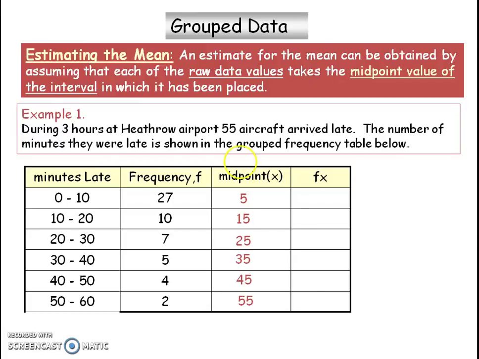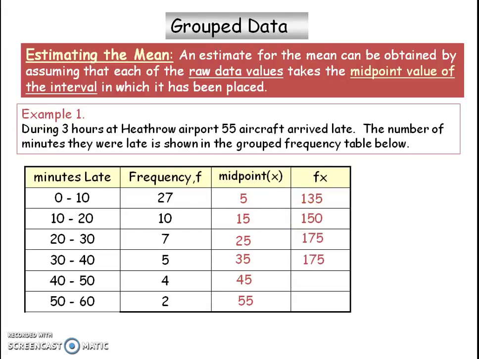After that, this is the total frequency we have to calculate. Then we will find the next column, which is midpoint times frequency. So multiply 27 by 5, you will get 135. If you multiply 10 by 15, you will get 150.